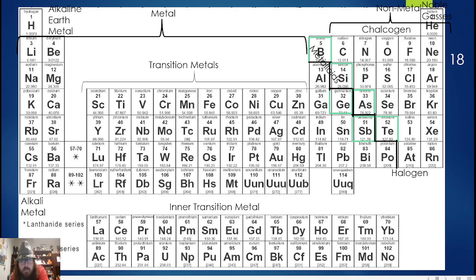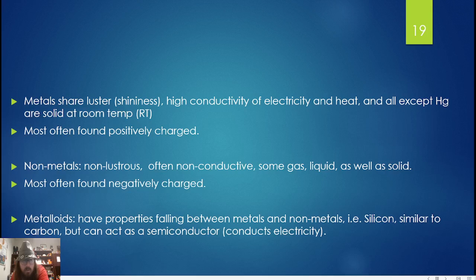But some of these elements have properties we can look at. So when we talk about metals, they typically share these properties with each other. They have luster in their pure elemental shape, so it means they shine. They have a high degree of conductivity, whether this is conductivity of heat or conductivity of electricity, which is why they use copper wires and aluminum wires in electrical outlets, because they conduct electricity very well.